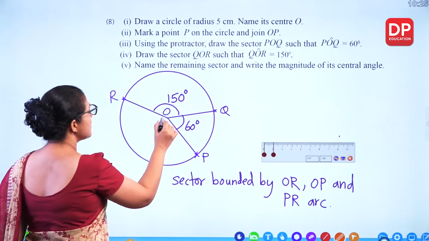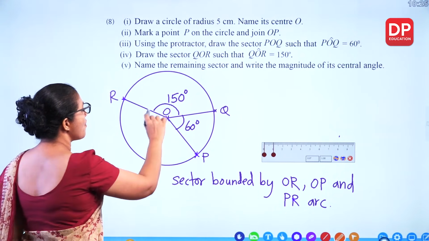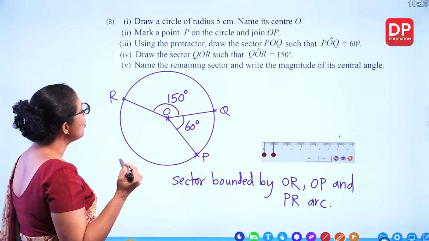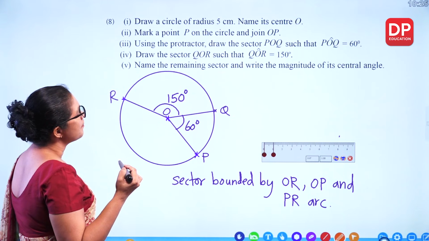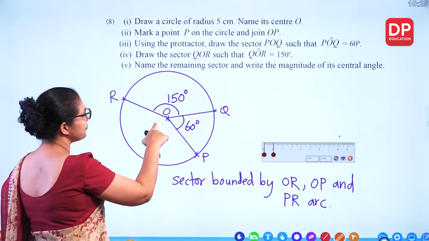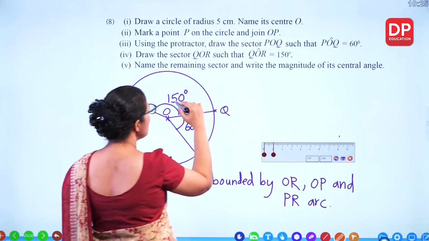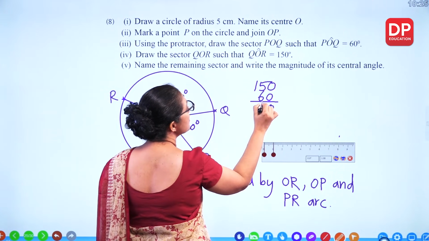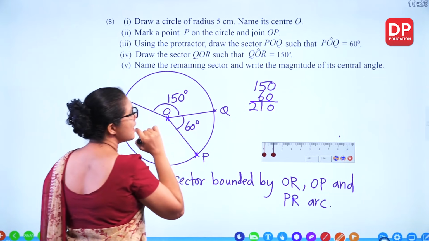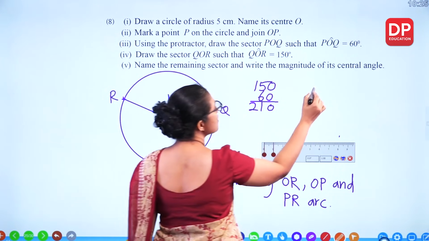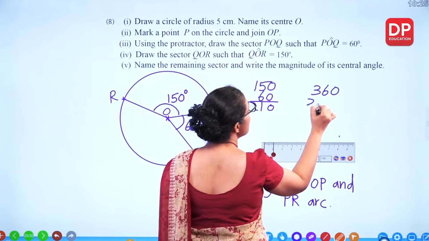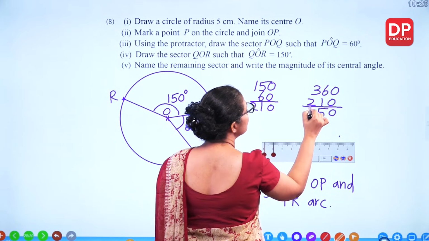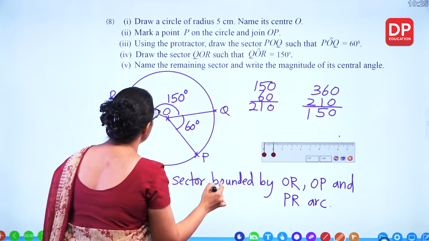Now we know this is the point O. Around the point, the sum of angles is equal to 360. So what's this angle? 360 minus these two. So 150 plus 60, you get 210, and subtract from 360, you get the remaining angle, 150 degrees.